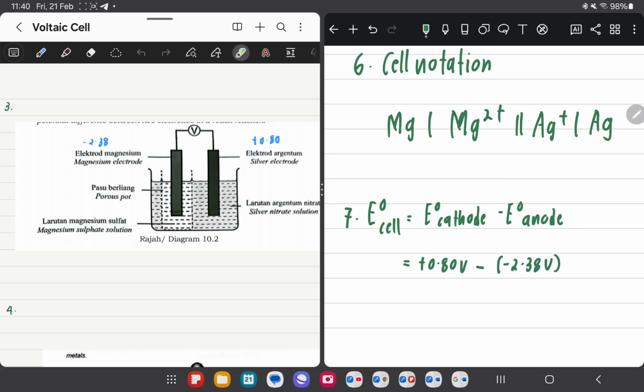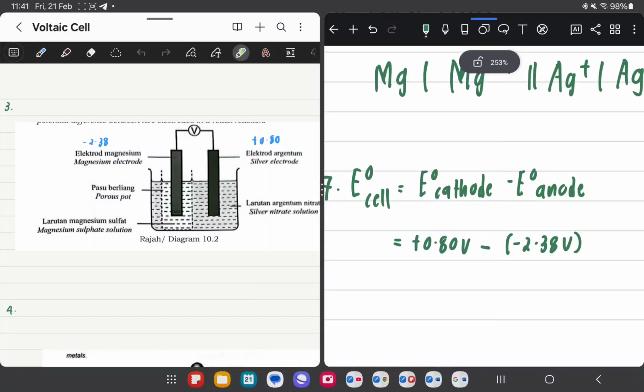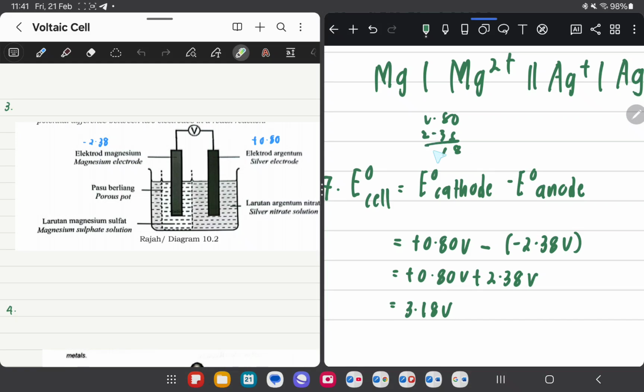Don't think this negative is the same as this negative. No, it's different. This one is the subtraction operation, while this one is the negative in the E0 value itself. So you press your calculator, positive 0.80 plus 2.38 volt. So overall I think you should get 3.18 volt. Right? I don't have a calculator right now with me, so just calculate like this. Yes, 3.18 volt.